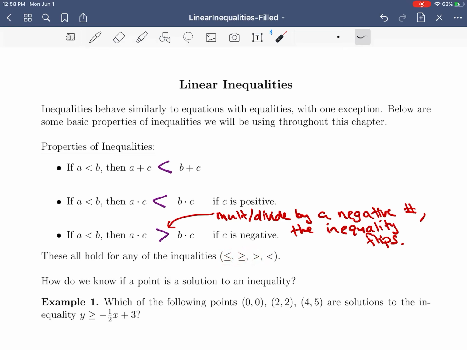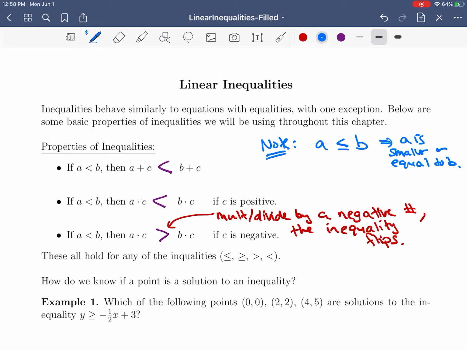It doesn't matter. Now, just so you maybe know, A less than or equal to B means that A is smaller or equal to B. The way that you can remember this, and the way that I was taught, is if you turn this into a Pac-Man, Pac-Man eats the bigger one, because he likes to eat more than not less.